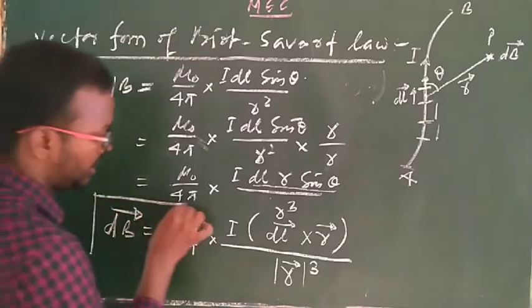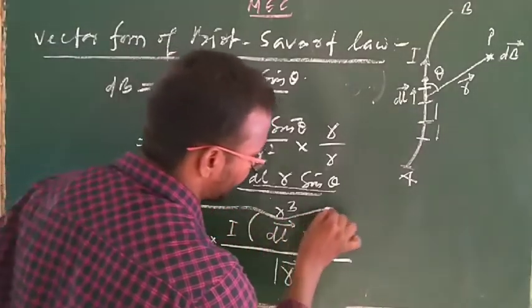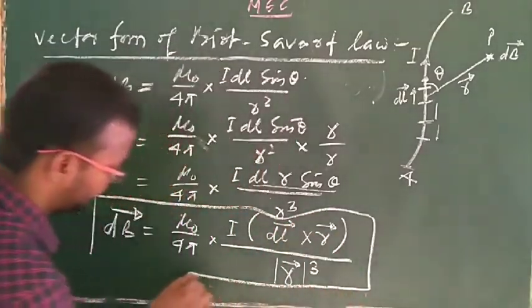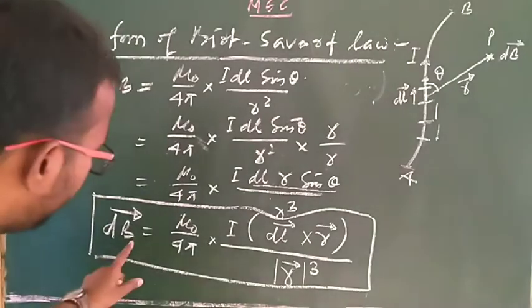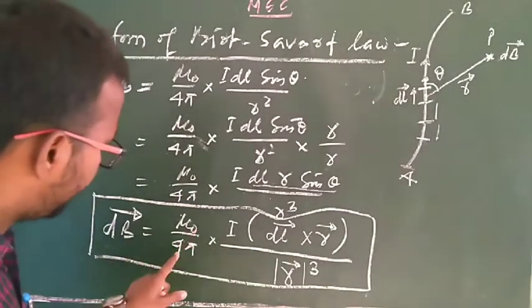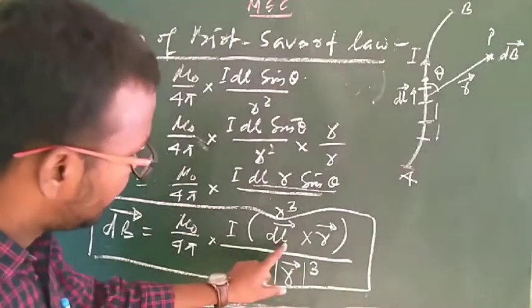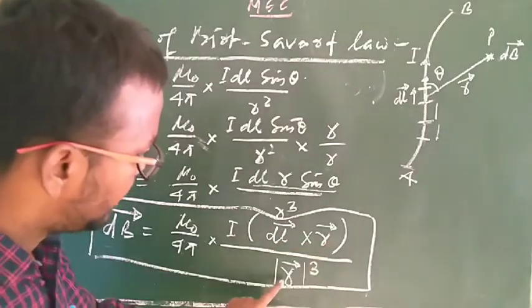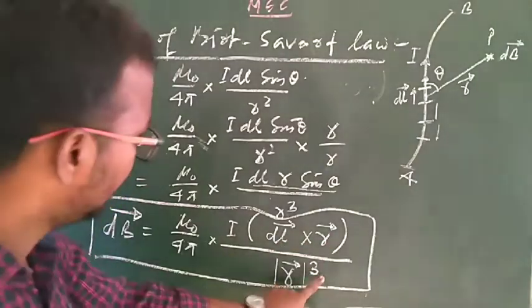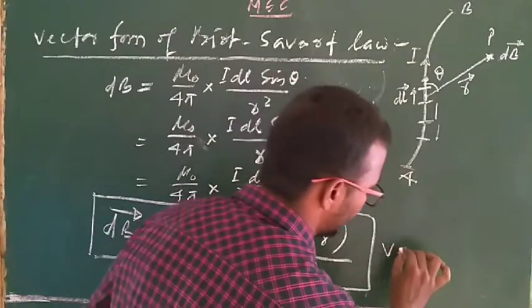This is the vector form of Biot Savart law. Clear? dB vector equals mu naught by 4 pi I dl cross r vector divided by r cube.